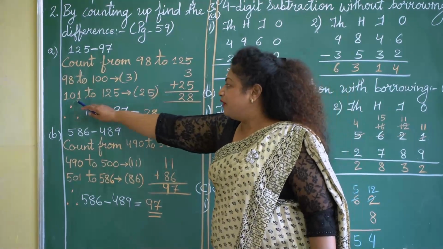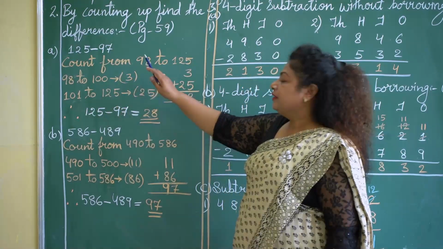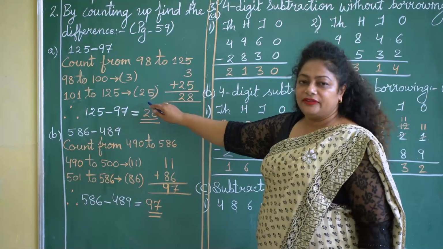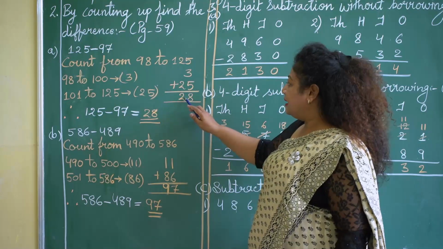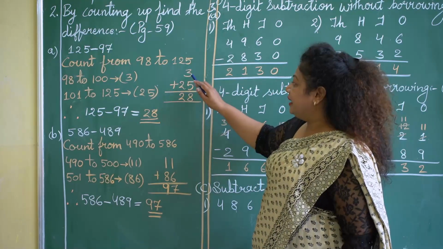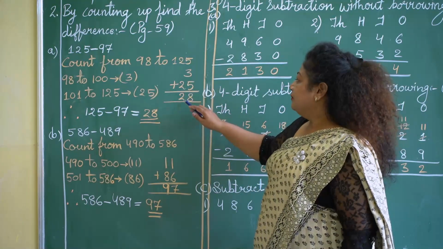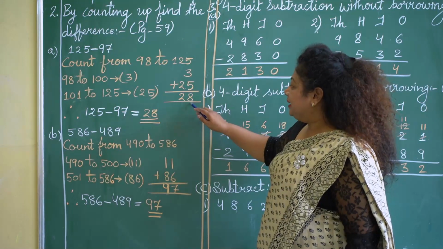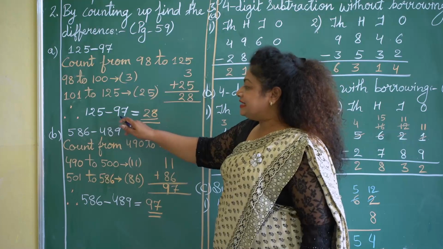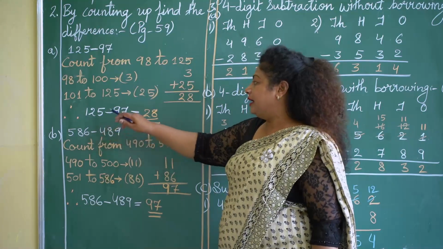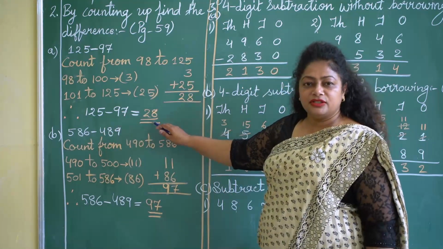Counting from 101 to 125, you will get 25 numbers. So by adding these 2 numbers, we'll get the answer 28. That is 3 plus 25 will give you 28. 28 is the answer. That means if we subtract 97 from 125, we will get the answer 28.